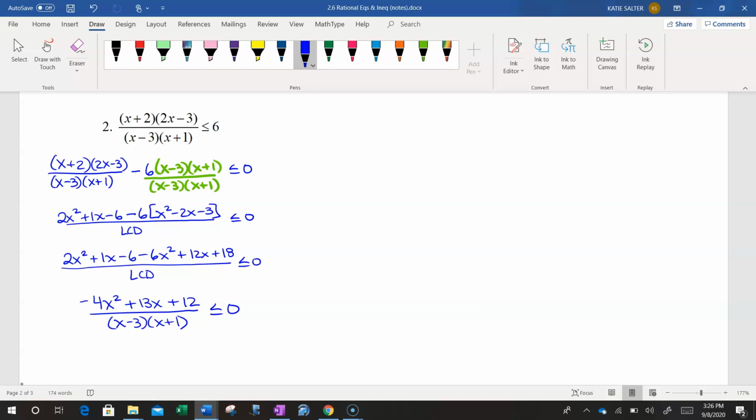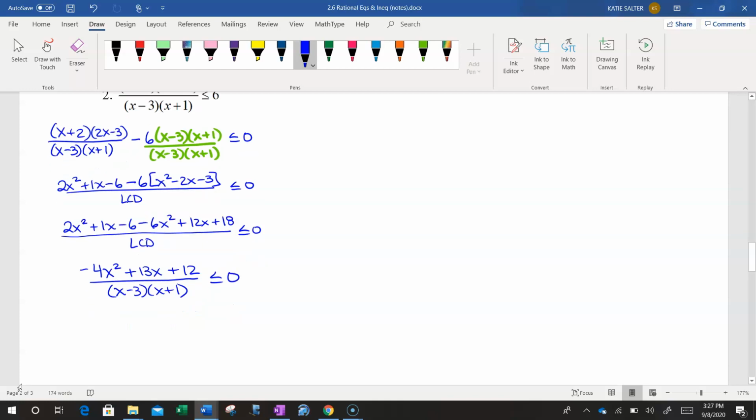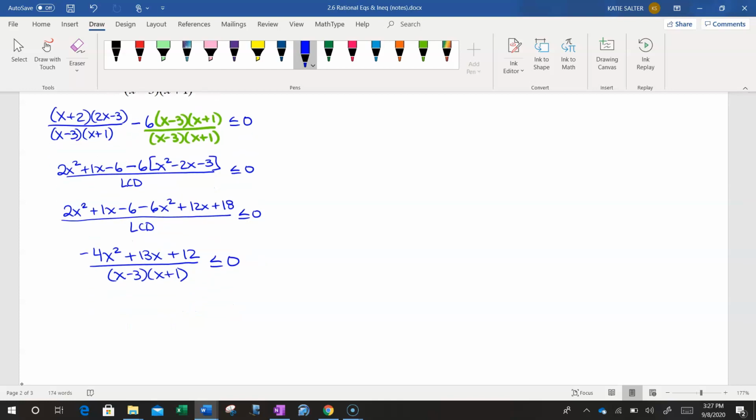All right. Once we clean this fraction up, we have to factor it so that it makes it easy to test all those values. It's going to be a whole lot easier if we can just substitute into the different factors. Well, the problem is I can't stand how that numerator starts with a negative. So in order to get rid of that negative x squared, I'm going to multiply this whole inequality by negative 1. And what that's going to do is change all the signs of my numerator.